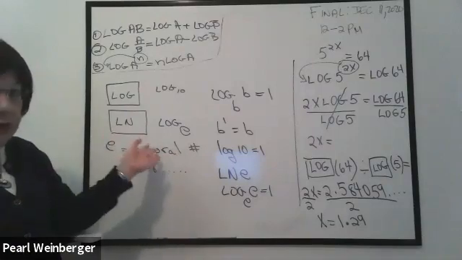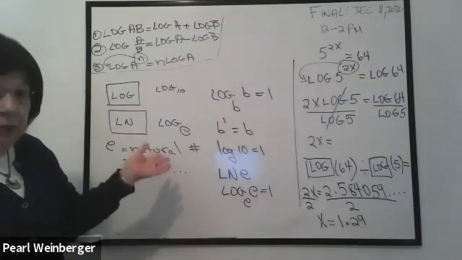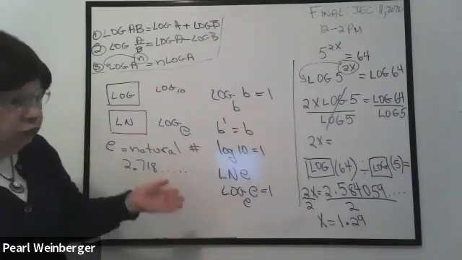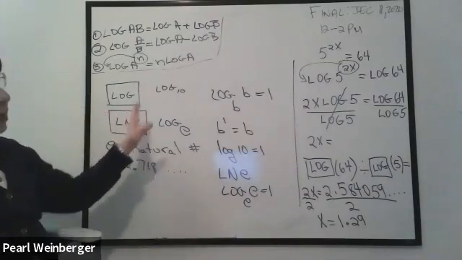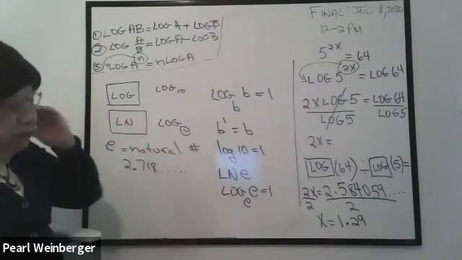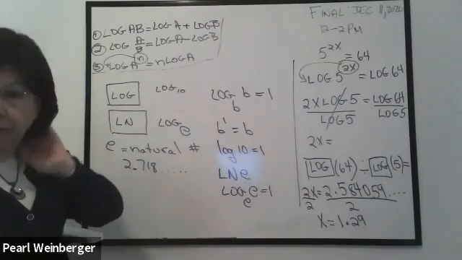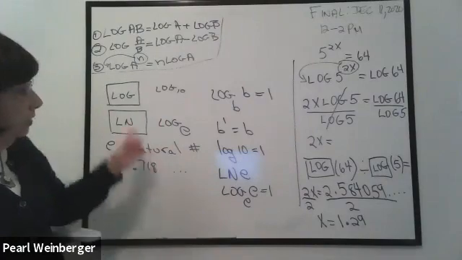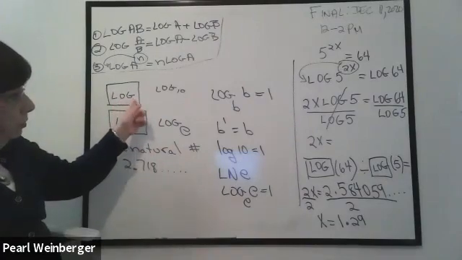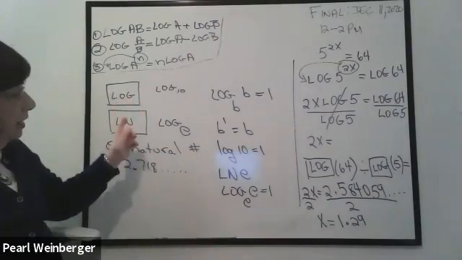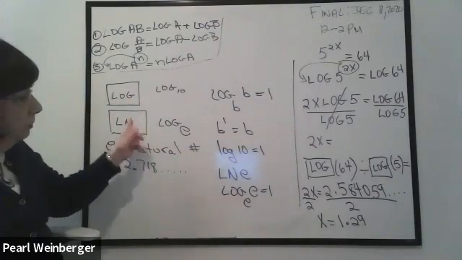It's used in figuring out population questions, et cetera, and it's programmed into your calculator. Any scientific calculator will have a log button, meaning its base is 10, and an ln button, which means the base is E.